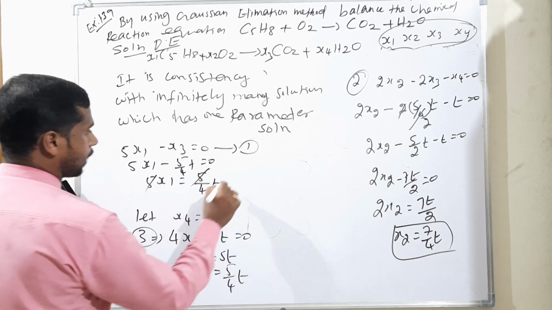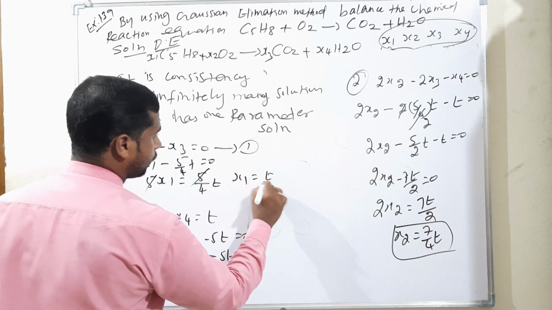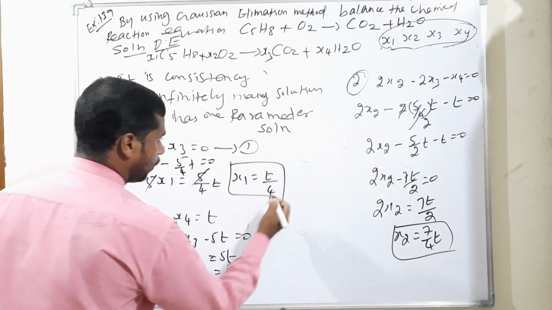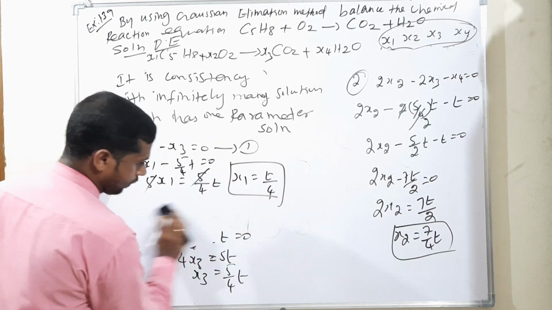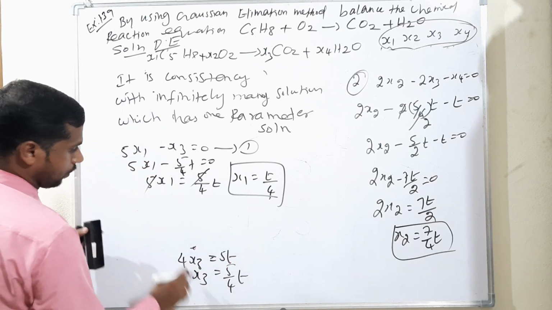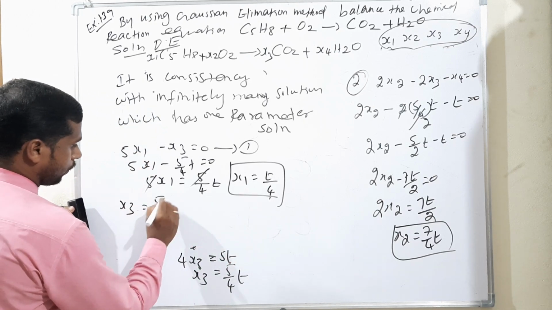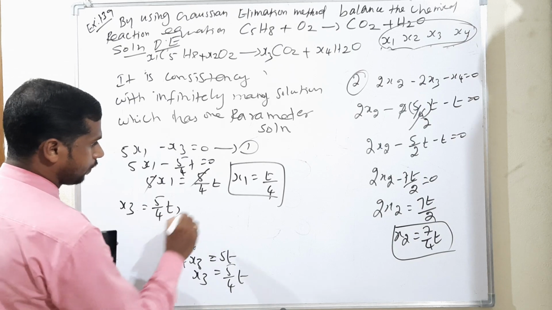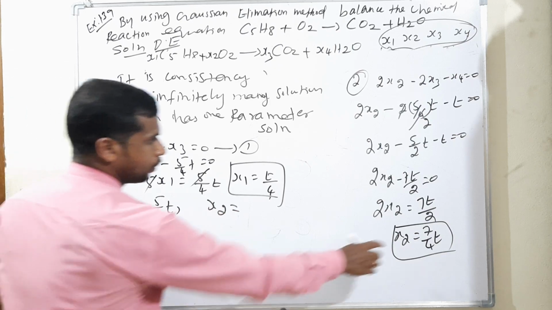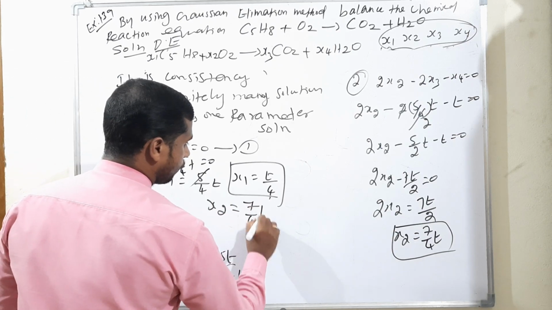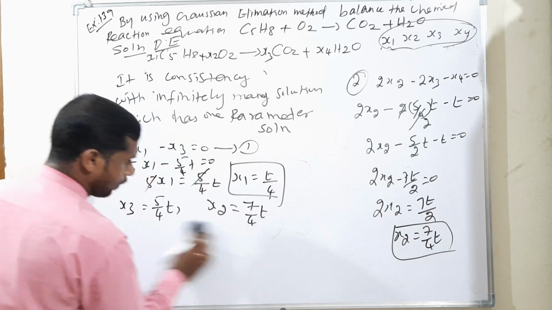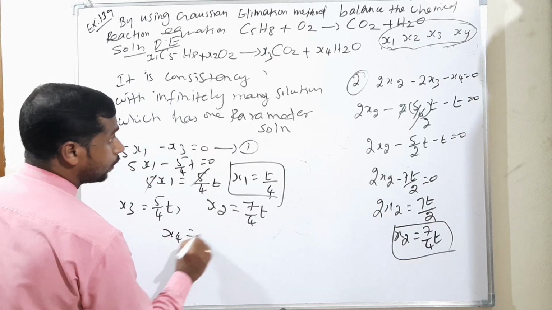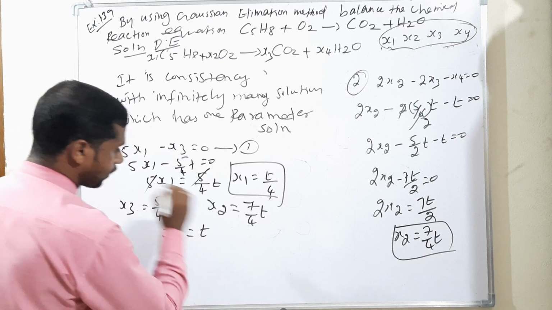So 5 cancels, and definitely x1 is equal to t by 4. So x1 is also clear. Then x3 is 5 by 4 t, x2 is 7 by 4 t, and x4 is already considered as t.